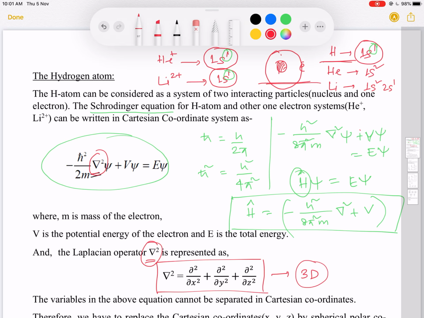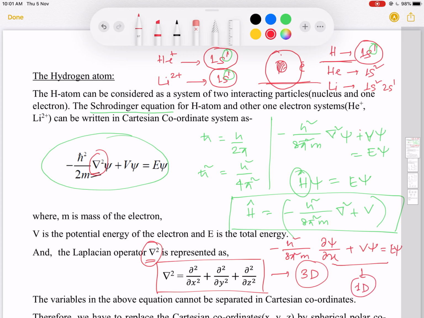In 1 dimension, the Schrödinger equation is simply like this: minus of h square by 8 pi square m d square psi by dx square plus V psi is equal to E psi.